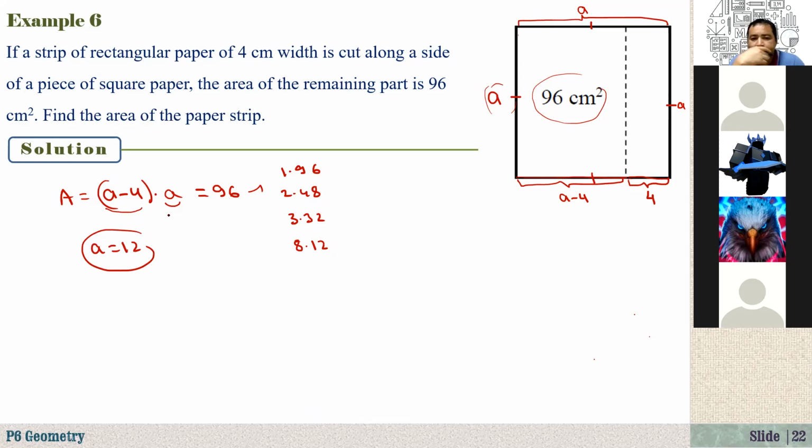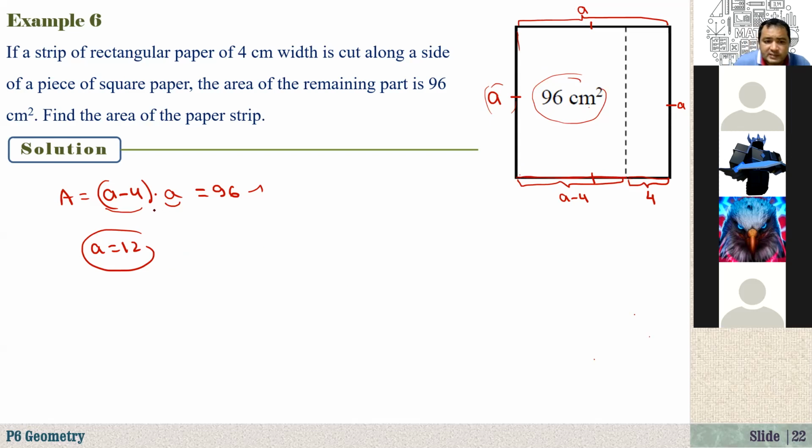Yes. Miss, why did you choose 8 multiplied by 12, not like 2 multiplied by 40, something like that? Why did you choose 8 multiplied by 12? No, what is this area? It is 96, right? What is 96? Length is equal to A, width is equal to A minus 4, right?